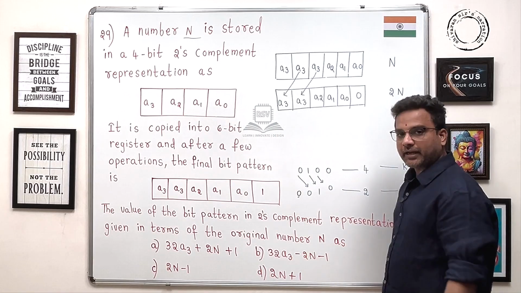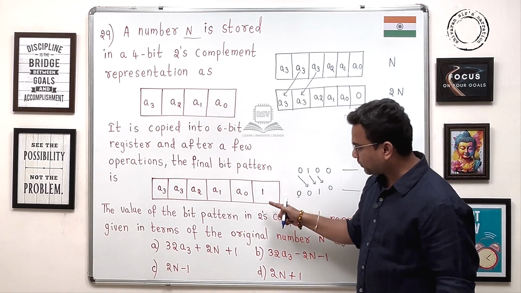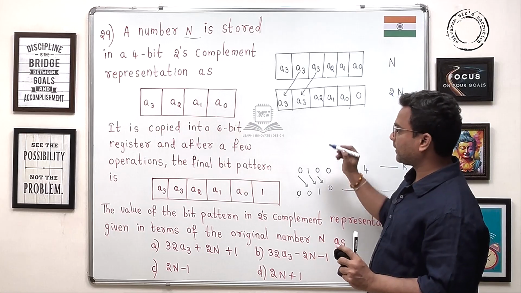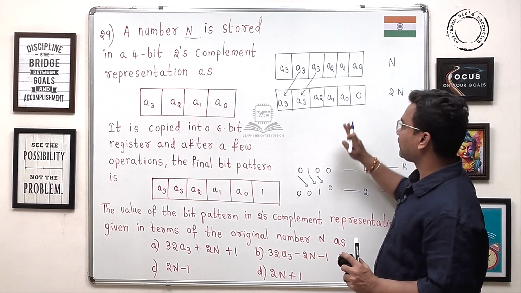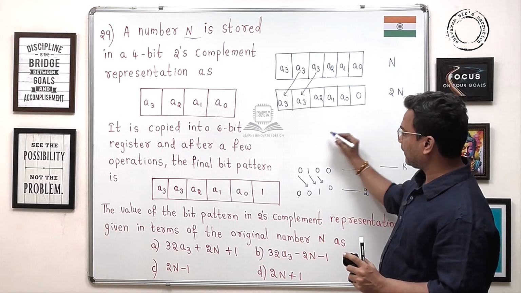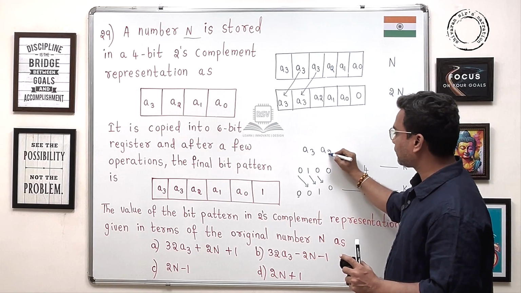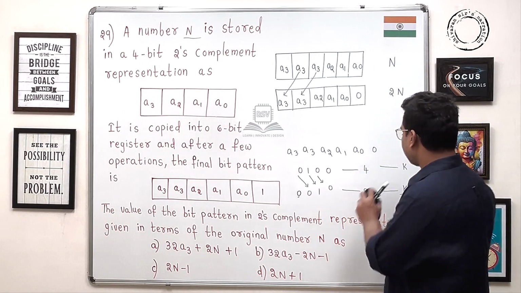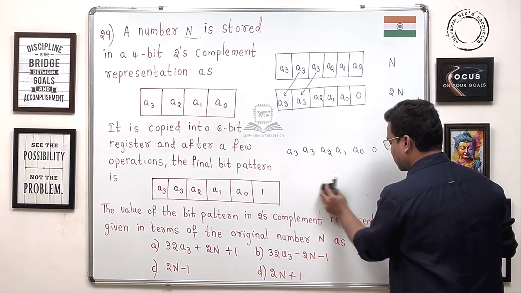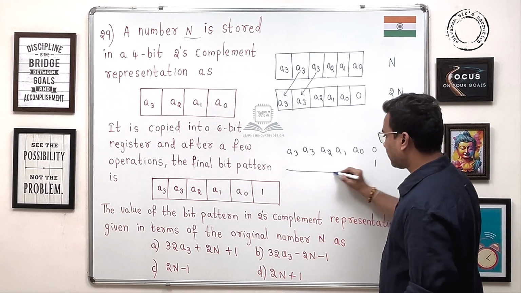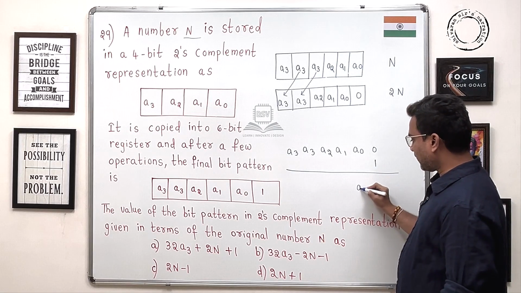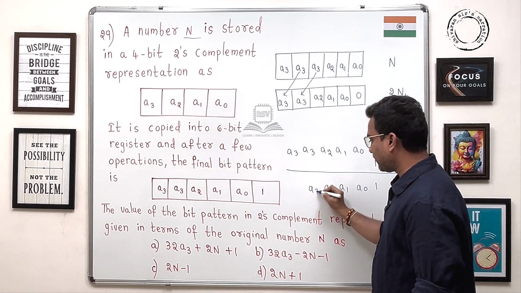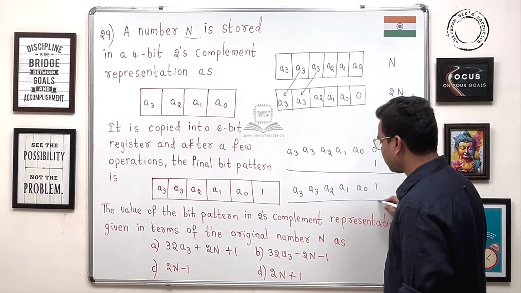Now again check with the output bit pattern. In the output bit pattern, in place of 0 there is a 1. Let's consider this number as it is: A3, A2, A1, A0, 0. Again here A3. If we add 1 to this, then it is A3, A3, A2, A1, A0, 1.